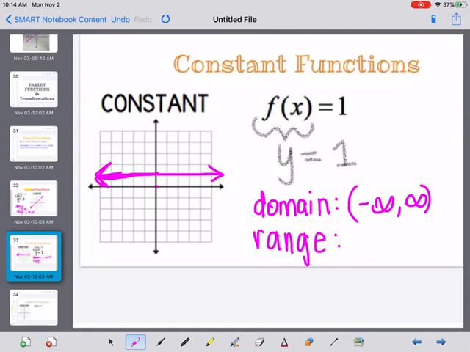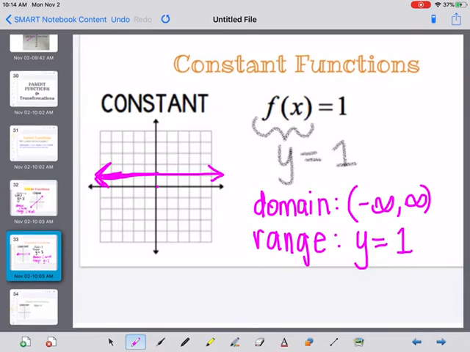No, range is y. What does it say y equals? 1. So your range is 1. So you either have x or y. So first we have our linear function that looks like a line. Then we have our constant, which is just x equals or y equals.